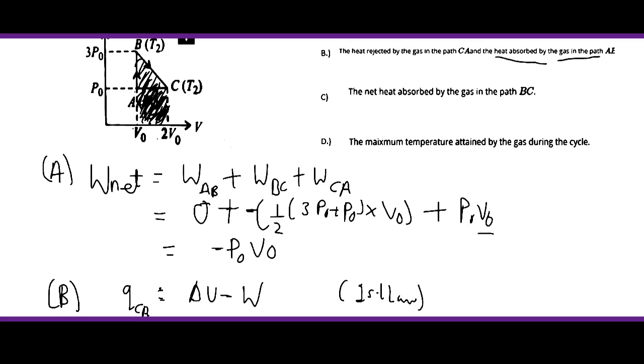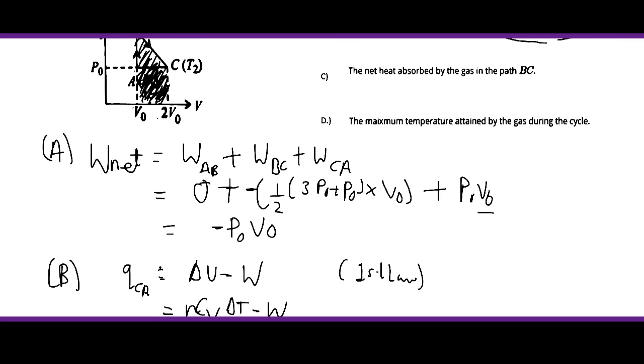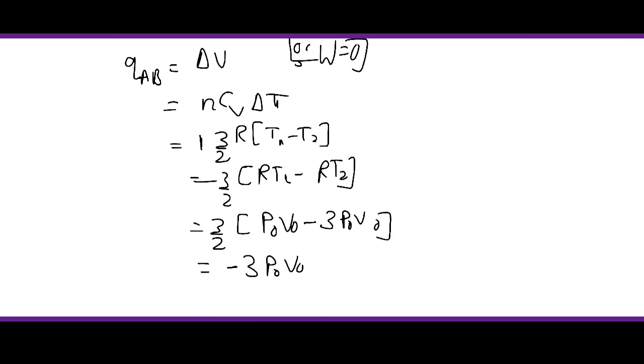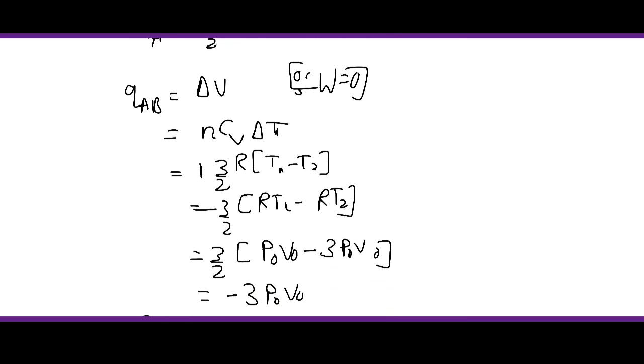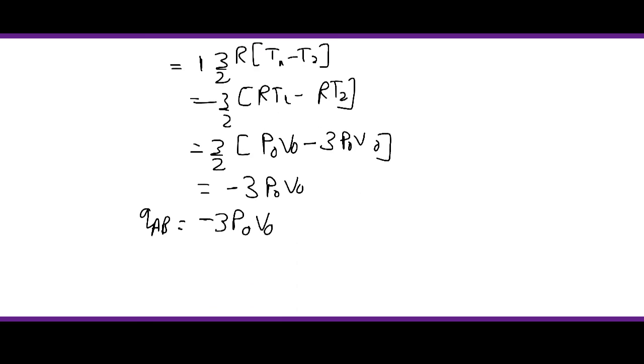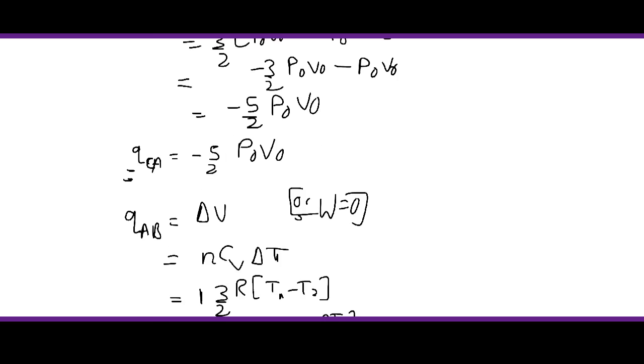So the heat absorbed by the gas in the path AB, that is QAB, is minus 3 P0 V0. So this is the answer for part B of the question. The heat rejected in the process CA is minus 5 by 2 P0 V0, and the heat absorbed in the path A to B is minus 3 P0 V0.